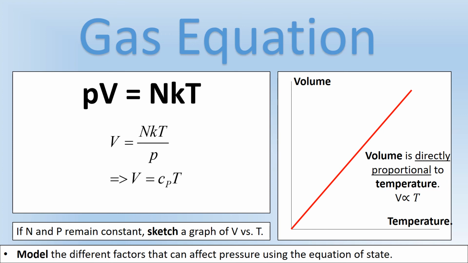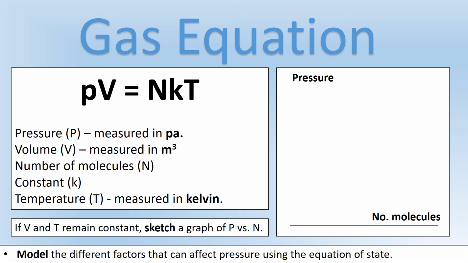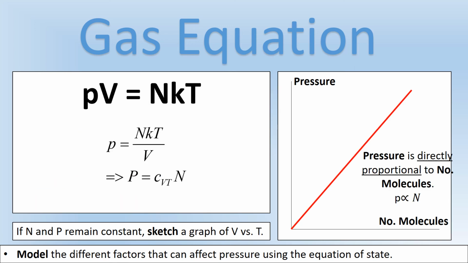So let's have a look at the last one. So we said earlier that the number of molecules could affect the pressure, so let's have a look at that. So if volume and temperature remain constant, what would the pressure versus the number of molecules look like? Pause the video and have a go. Okay, so you can see the first thing I've done is I've taken volume to the other side.